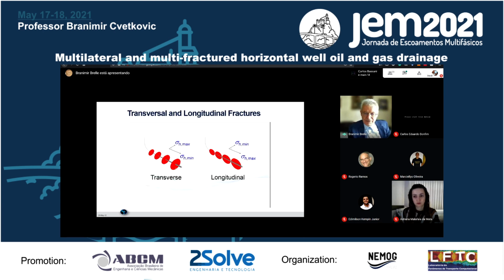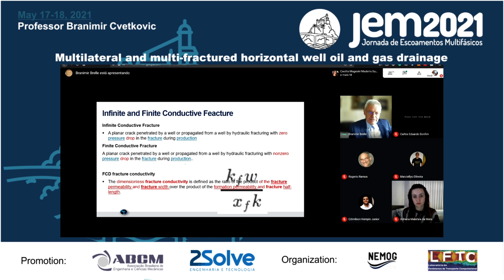And then again, I'm repeating what we talk about, that you are perpendicular to the minimum horizontal stress. And now the infinite conductive fractures. We have that a planar crack penetrated by the well, propagate from a well by hydraulic fracturing with 0 pressure drop in the fracture during production. There is no pressure drop, okay?